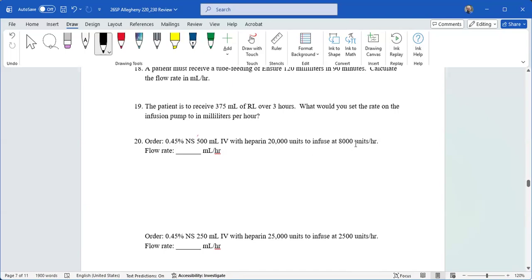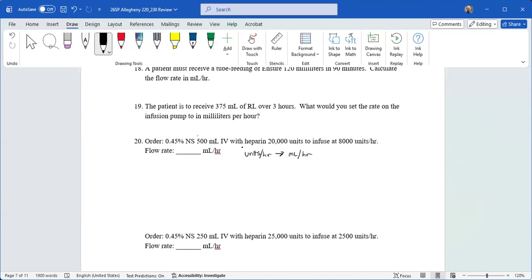These questions are also technically heparin infusion questions, and what they're asking you is to convert units per hour to milliliters per hour, which is exactly what you're doing in the heparin protocol question. So, units per hour, converting that to milliliters per hour.